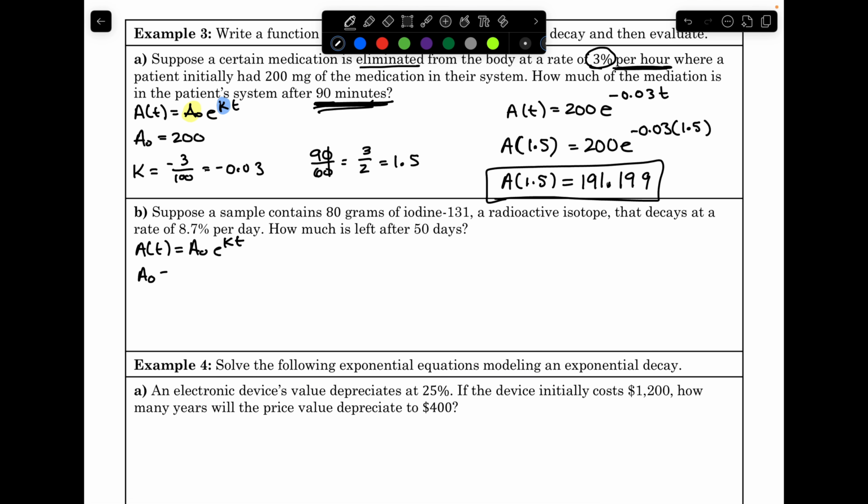Given that the initial value is 80 grams and our constant of decay is negative 8.7%, which as a decimal is 0.087, the model for this scenario is A of t equals 80 times e to the negative 0.087 t.